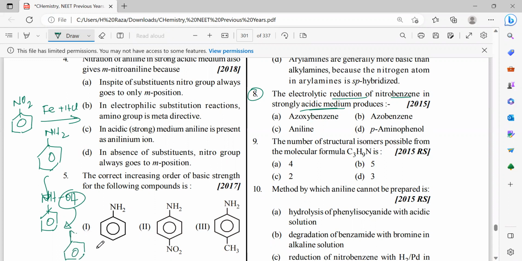So OH will be at para, p-aminophenol will be our answer. D, not C. Amine will be there, but nitrobenzene in a strongly acidic medium produces hydroxylamine, and after that, rearrangement will take place.